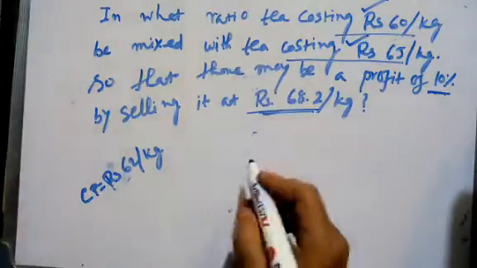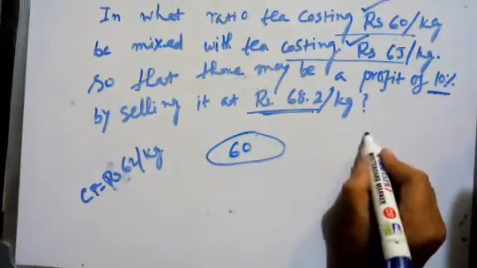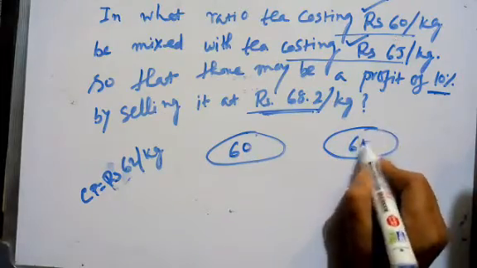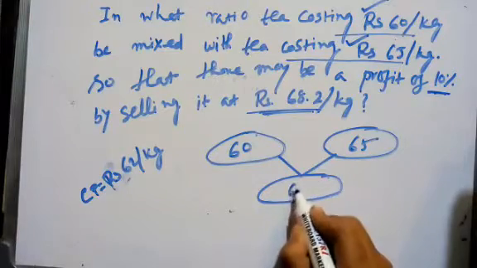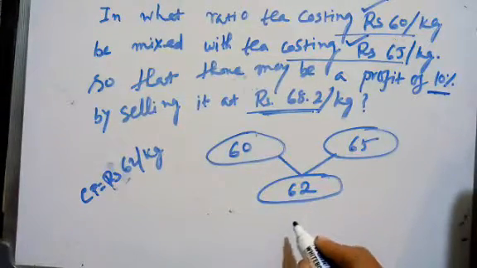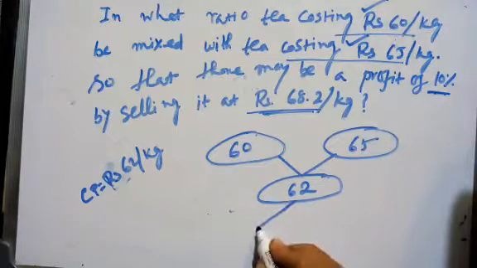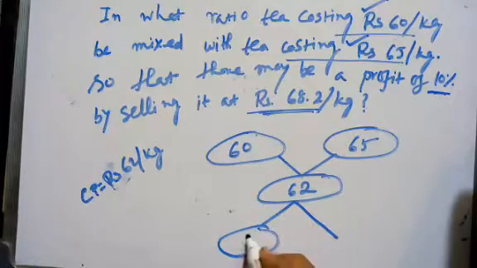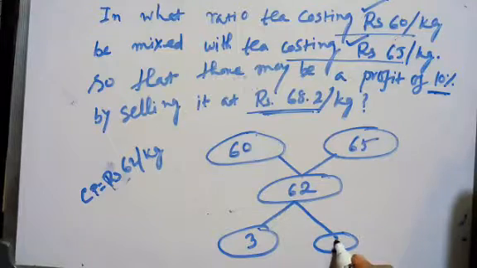Now in our alligation chart, here is the low price 60 rupees per kg, here the high price 65 rupees per kg, they are mixed, and the mean cost price is 62 rupees per kg, clear. Then our outcomes are 65 minus 62, that means 3, and 62 minus 60, that means 2.